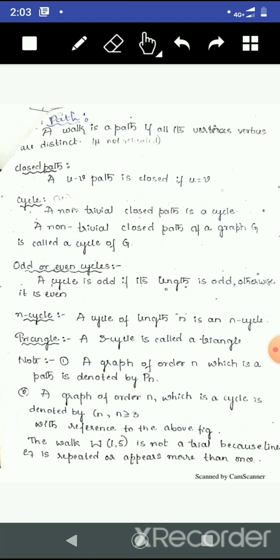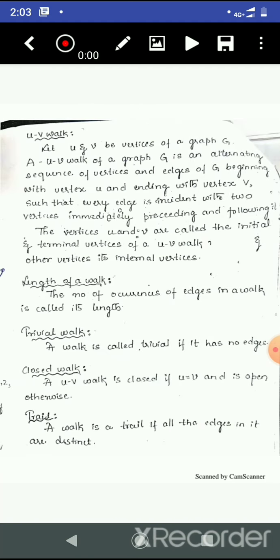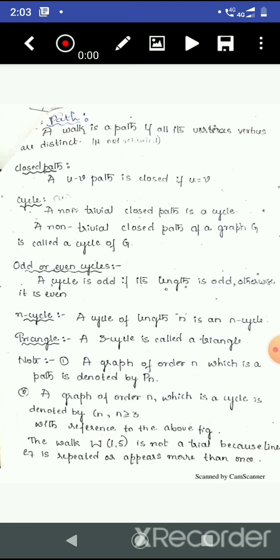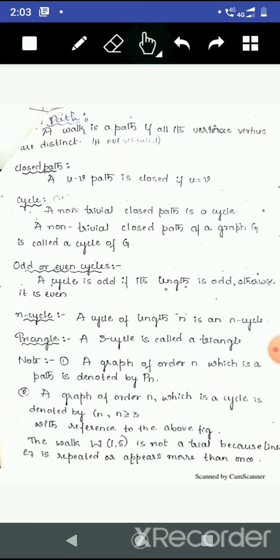In the trail definition, all the edges are distinct, but in the path definition, all the vertices are distinct. Next, closed path. A UV path is closed if U is equal to V, so U and V are the same point.